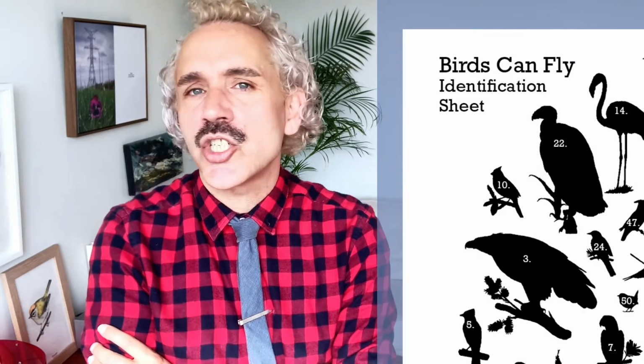Of course, if you buy a print without the names on, you do want to know what the birds are. So what I have also done is make a sort of poster, which I think I've called a Birds Can Fly identification sheet on the website.